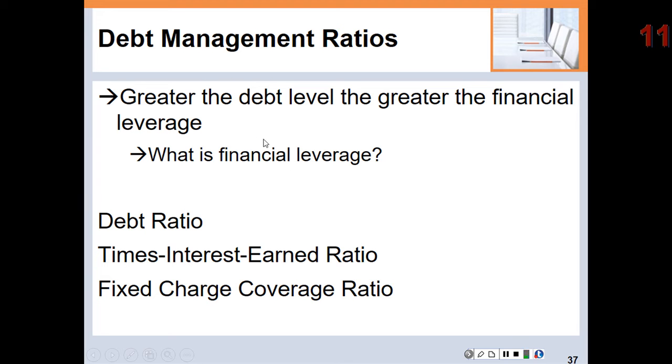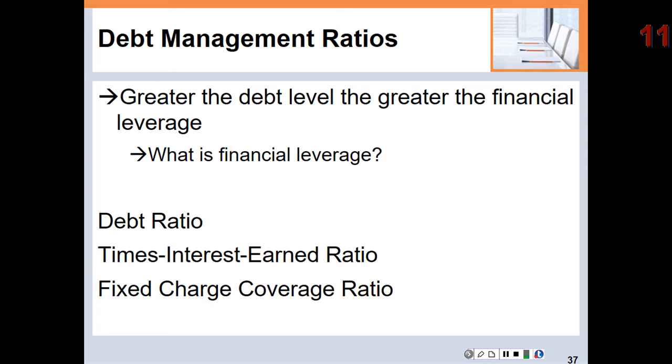Financial leverage is similar to this, but let me give you a definition. Financial leverage is utilizing borrowed money to magnify your gains or losses.